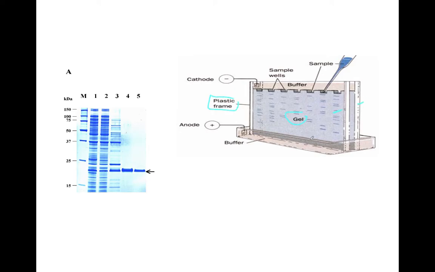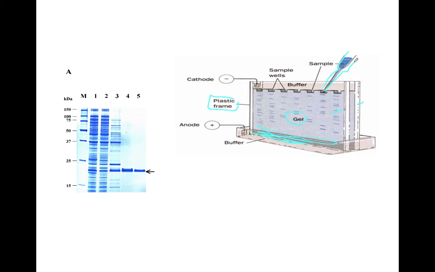And here we have some buffer. The sample we use, either pre-treated or not pre-treated with SDS, we put inside the well. And we let it migrate, and then according to its charge, size, and shape, we will see it. How will we see it?